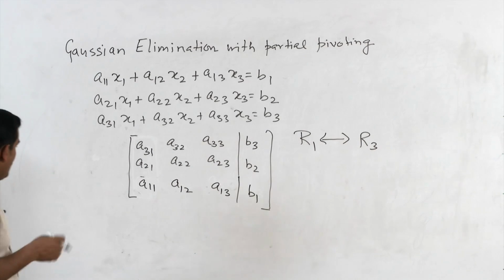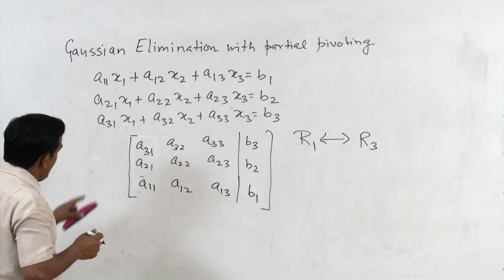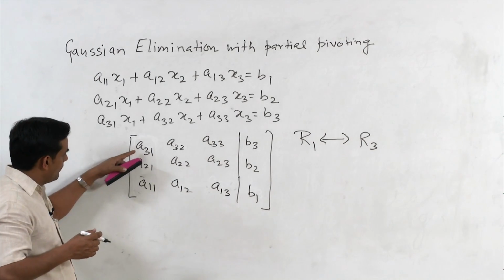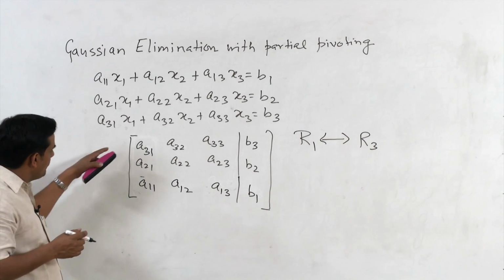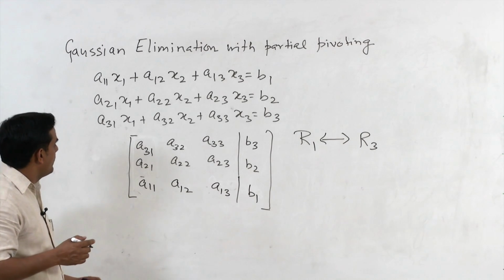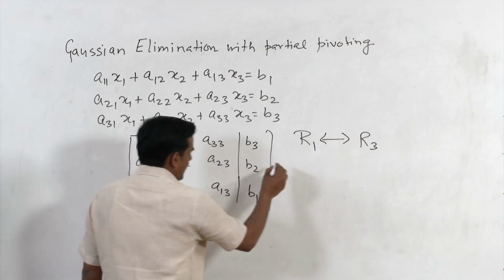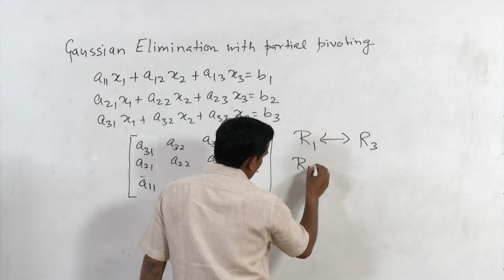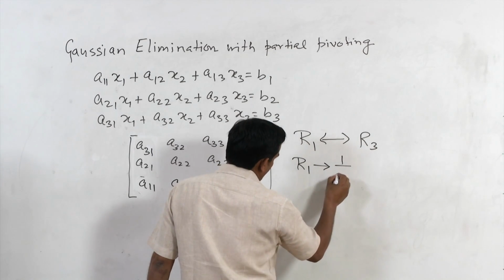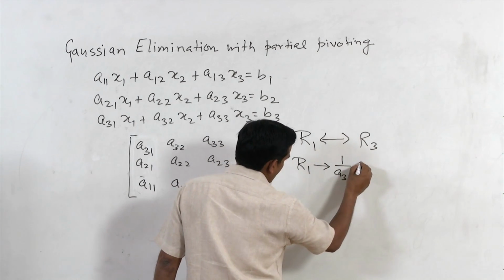Now, I will make this element 1. So, I need to divide the first row by a scalar, that is 1 upon a31. So, I need to replace R1 with 1 upon a31 times R1.